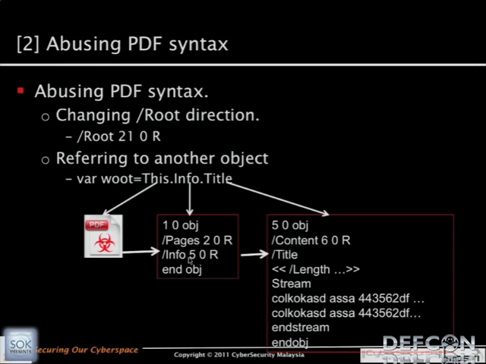And /Info is a reference to object 5, so this is object 5, and then this is your title. So your variable root will be this string. Okay, that's pretty much the obfuscation that we saw in the PDF.